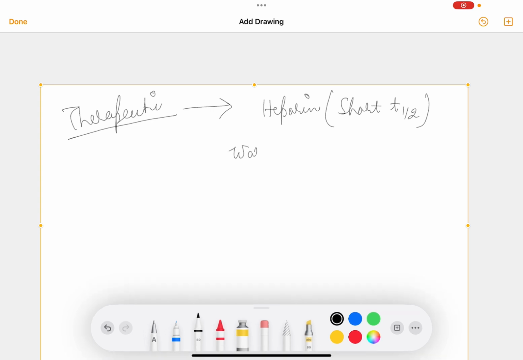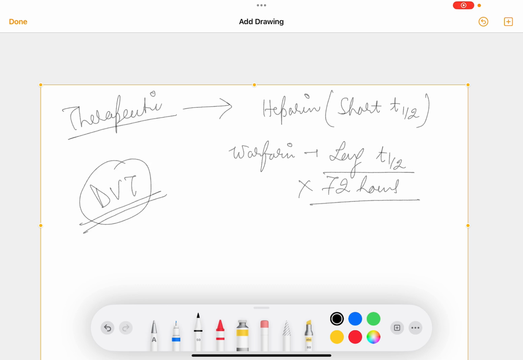Whereas warfarin is a drug which has a very long half-life. It takes 72 hours for the action to come. So if a patient has come with deep vein thrombosis and I have started warfarin, its effect will come after 72 hours, 3 days, and in 3 days the DVT will progress.